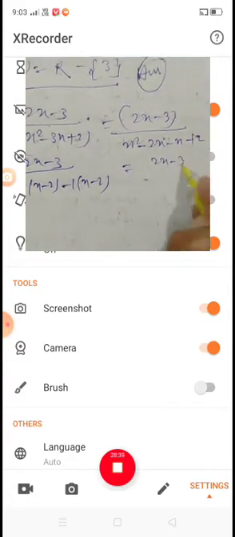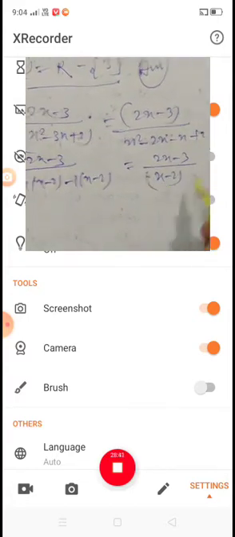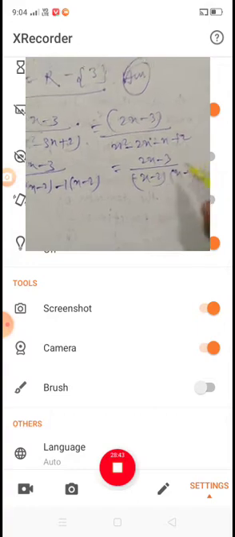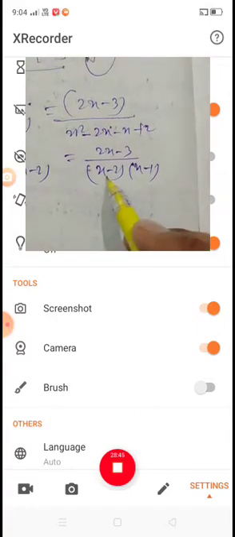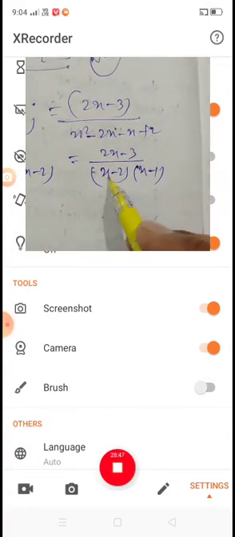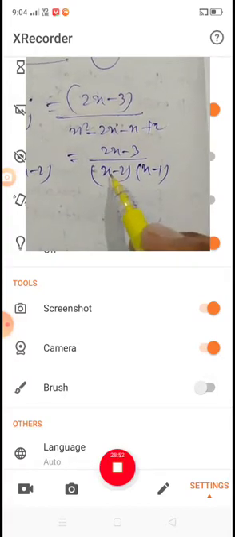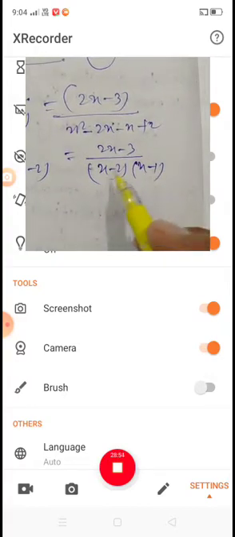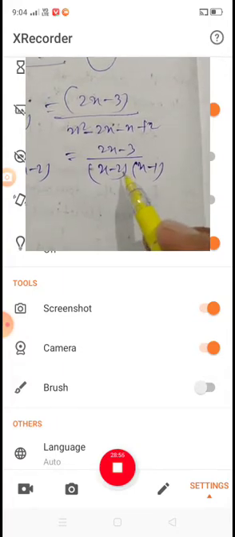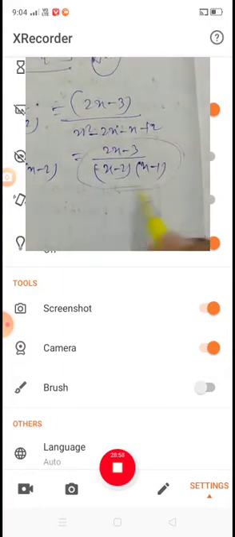So 2x minus 3 upon x minus 2 and x minus 1. If we put x equal to 1 and x equal to 2 in the denominator, this function is not meaningful.